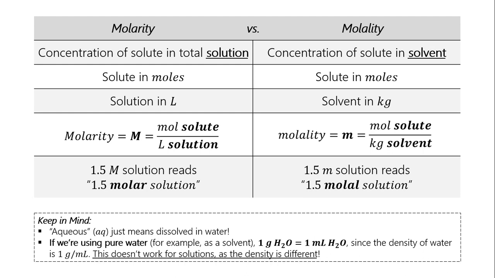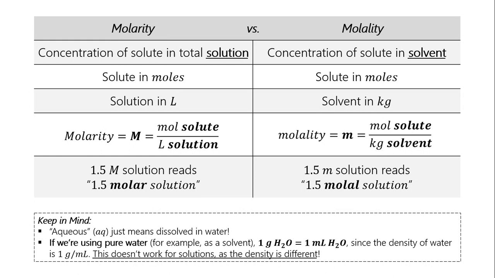Also, if we're using just pure water as a solvent, there's a nice little thing about the density of water. 1 gram of water is the same as 1 milliliter of water. Okay, that means that 1 liter is the same as 1 kilogram of water. So we kind of have a shortcut there.